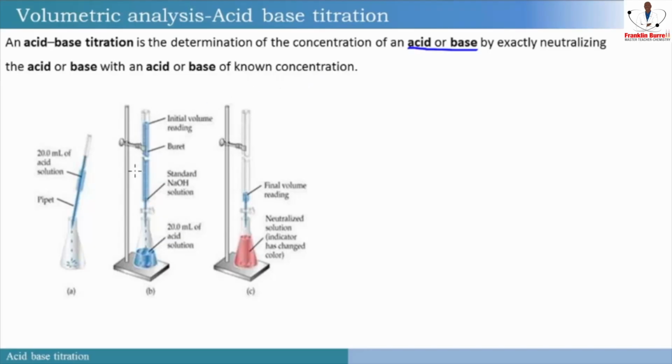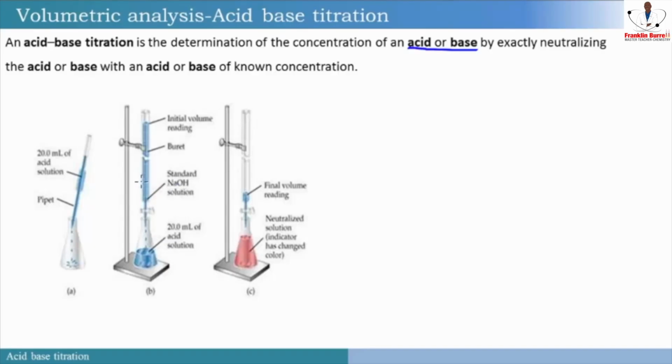So here we have our burette, here we have our pipette, and this is our flask. Now, let's say that we are finding the concentration of an acid. If we are finding the concentration of the acid, then the base, being sodium hydroxide, will be our standard solution.